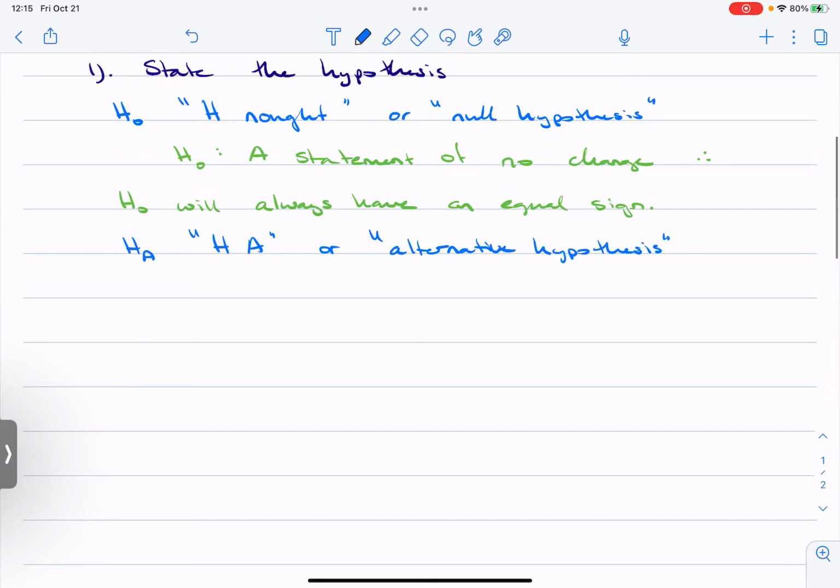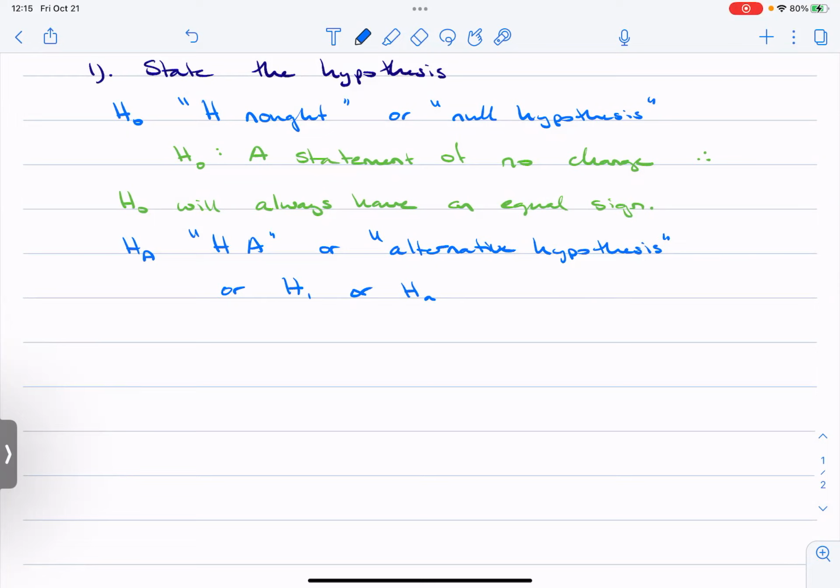They're all the same. Pick one that you like. I like capital A because I call it the alternative hypothesis.